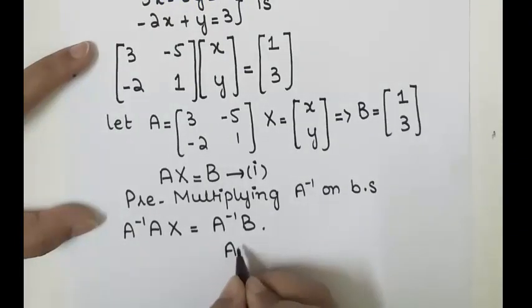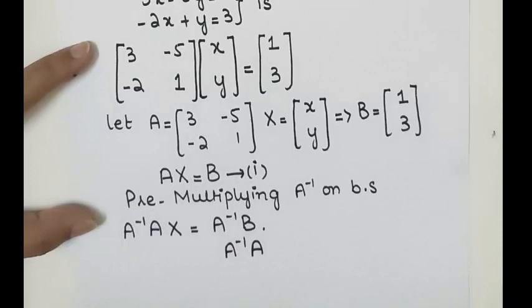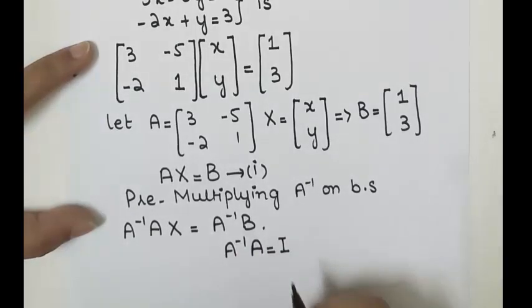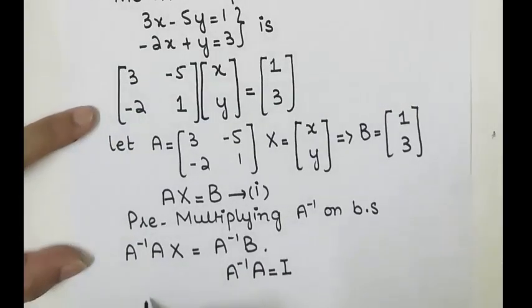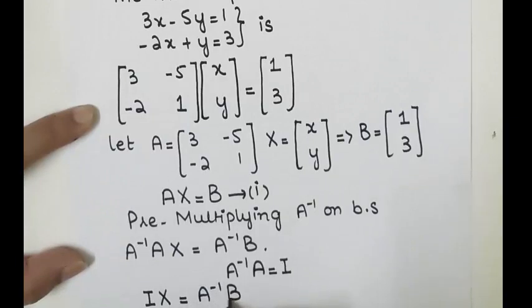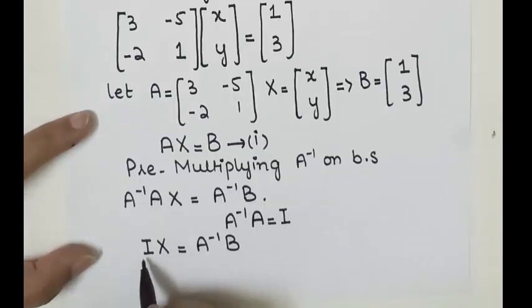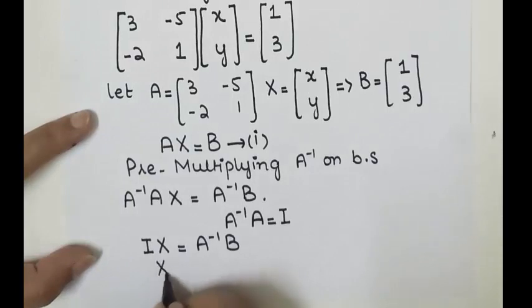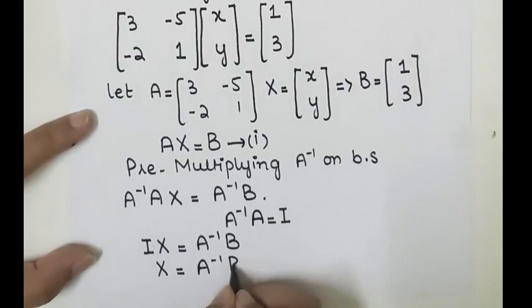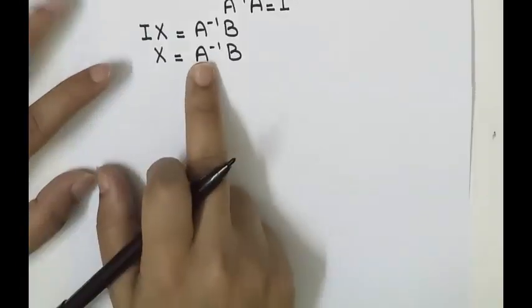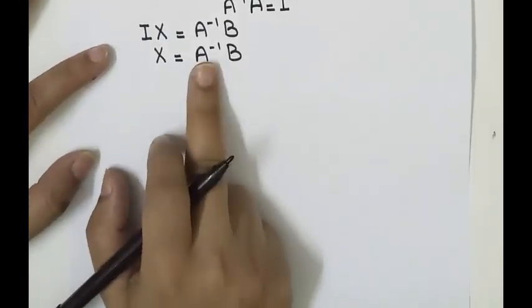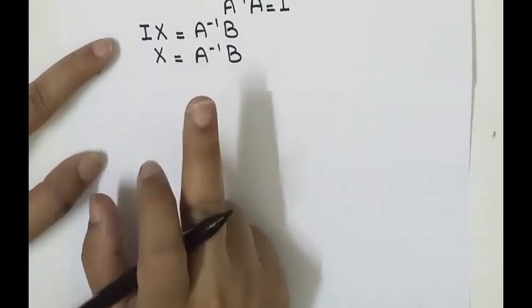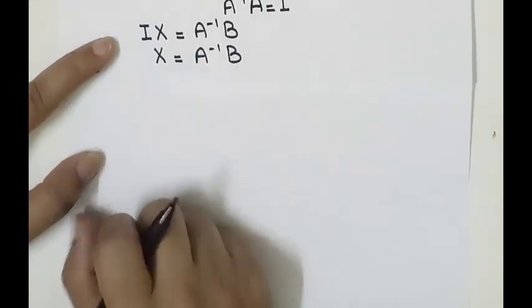As we know that A inverse into A is equal to the identity, we will write the identity matrix here into X, equal to A inverse B. Something multiplied with identity gives the same term, so X is equal to A inverse B. Now we have A inverse here and we know how to find the inverse of a 2 cross 2 matrix.